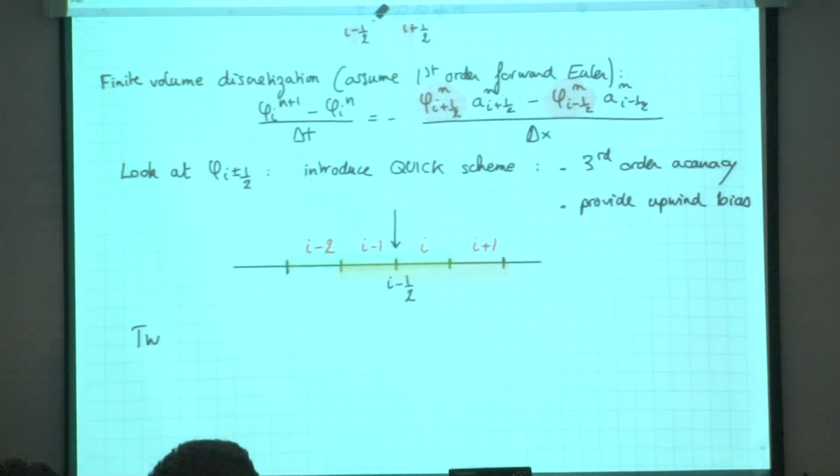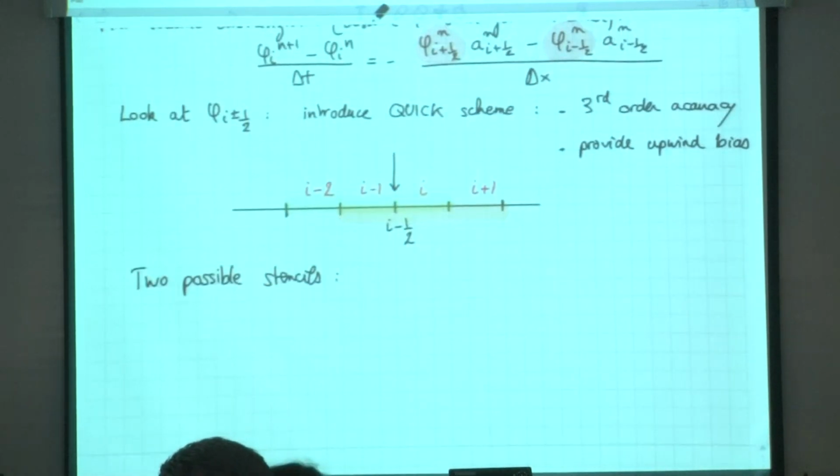So we have 2 possible stencils. Well, now you can plug those points and your desire of fitting a parabola, in this case we're in 1D.